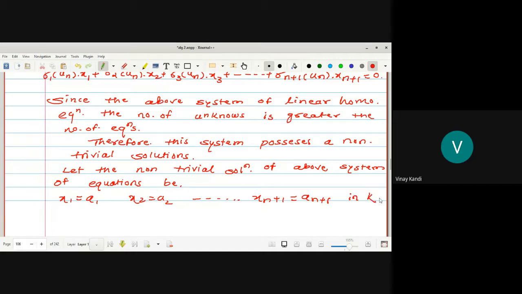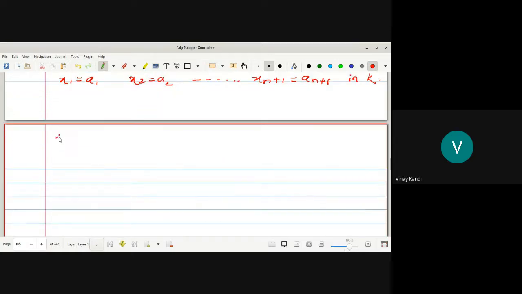Therefore, we put a1 instead of x1. So a1 into sigma 1 of ui plus a2 into sigma 2 of ui plus a3 into sigma 3 of ui, and so on, plus a(n+1) into sigma (n+1) of ui is equal to 0.